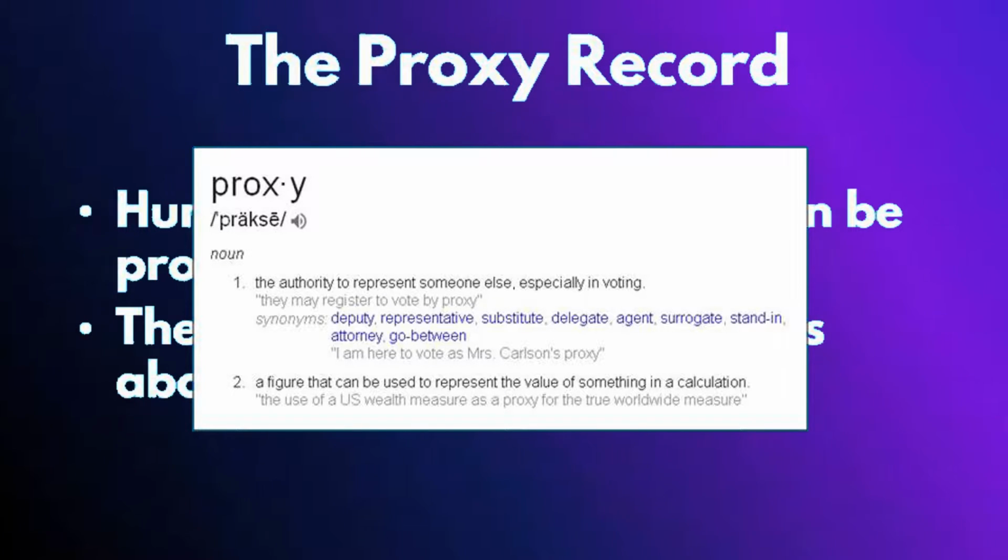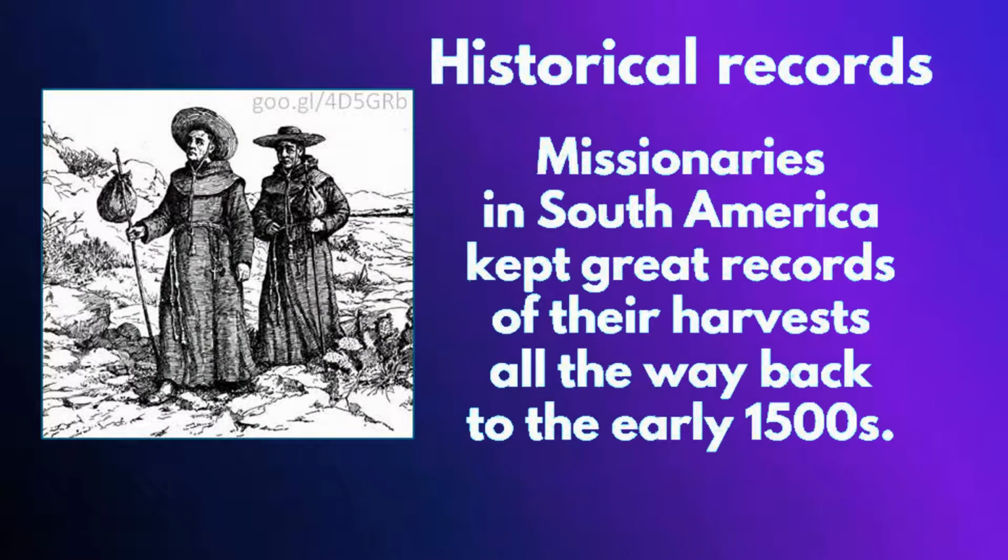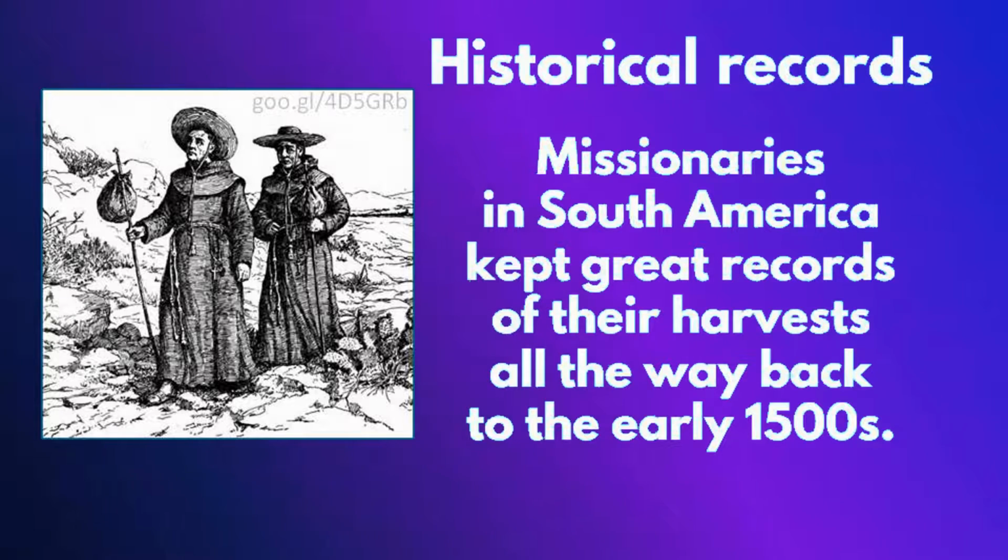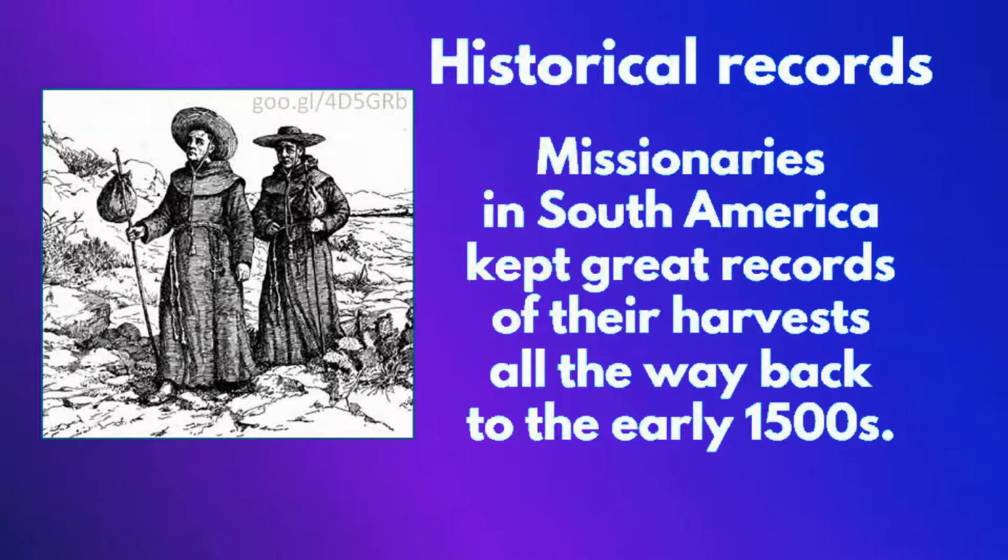Now, when we're talking about humans and the kinds of records we leave behind, they typically are actually historical records. I mean, people are really good at documenting their world, and, for example, Franciscan missionaries in South America, in places like Peru, kept meticulous records of exactly how much their harvests were each year, all the way back to like the early 1500s.